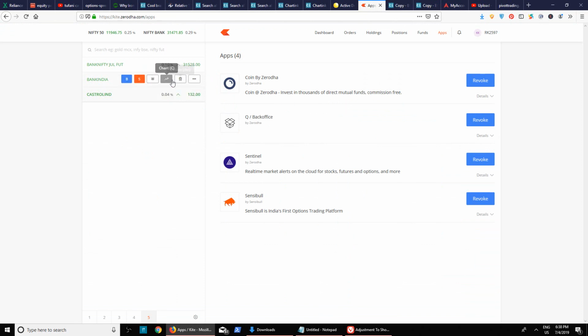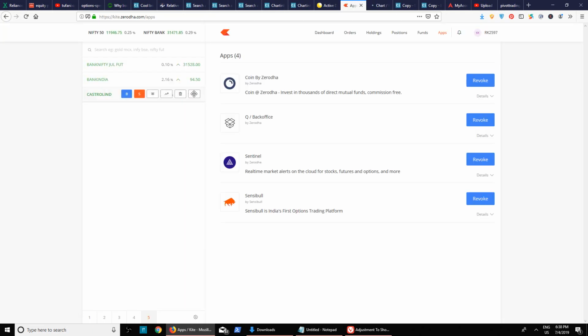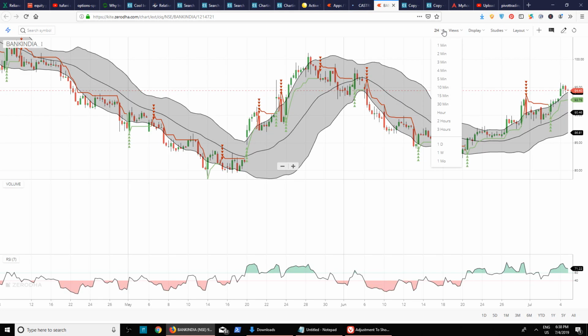But if you look at the chart of Bank India, and if I click on it here, we will have to see the charts for the day and see how the day actually went.